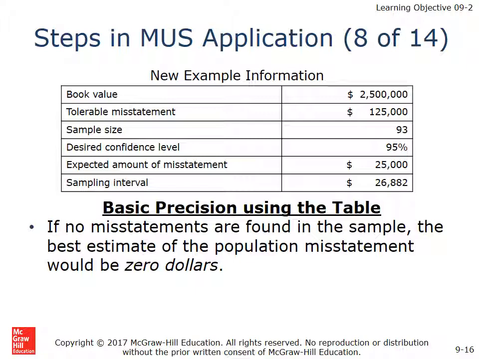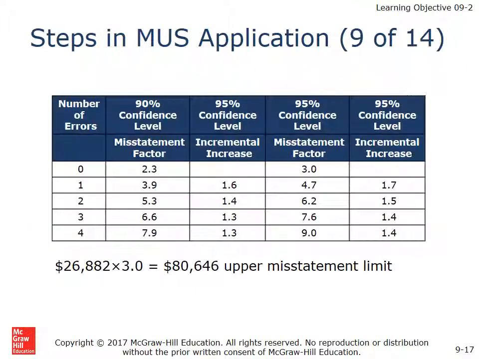So if there's no misstatements in your sample, the best estimate of the population misstatement would be $0. However, we want to make sure we're calculating that information correctly and calculating an upper misstatement limit correctly. So take a look at the table.